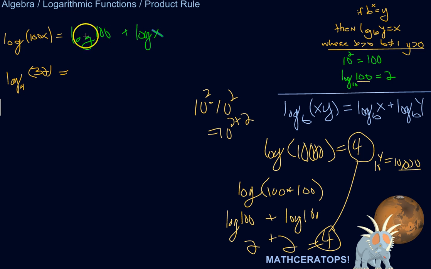So log base 10 of 100 is 2. So that's 2 plus log of x. Maybe in the process of solving a logarithmic equation, if I see something like this, it might be easier to solve if I rewrite it as 2 plus log of x. That's the value of the product rule.